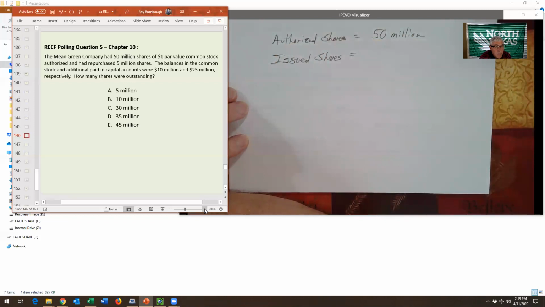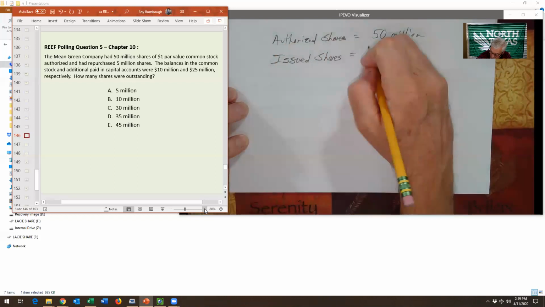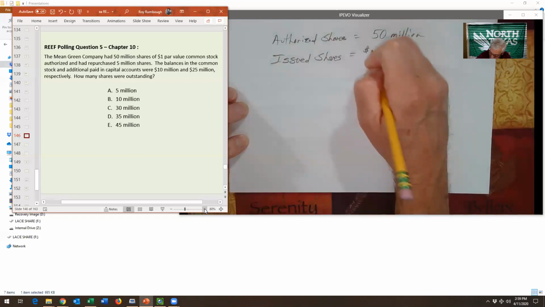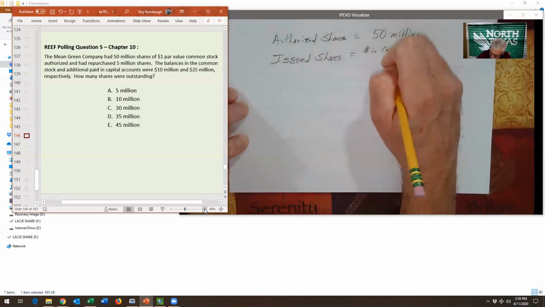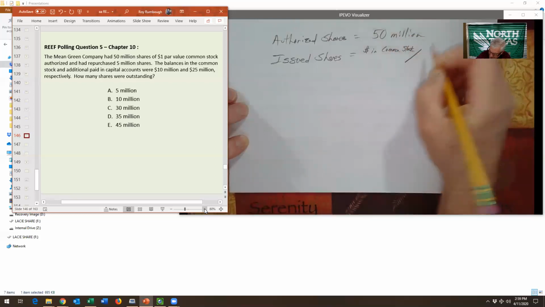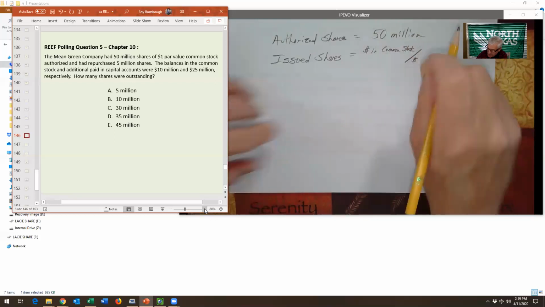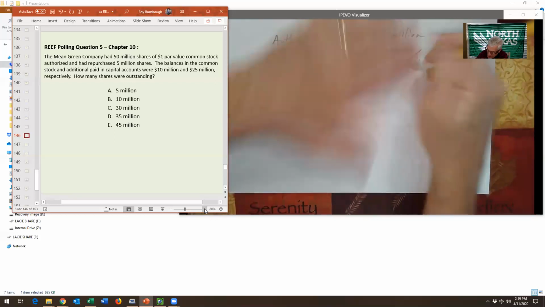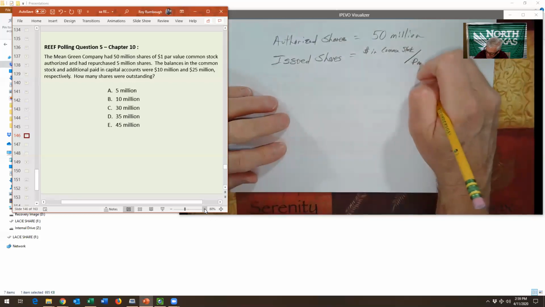Well, issued shares, I'm going to have to do some calculation here because it's a $1 par value. So it's the dollars in common stock account divided by par value, right?